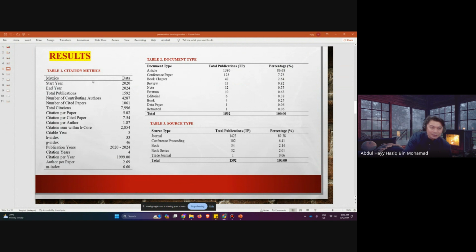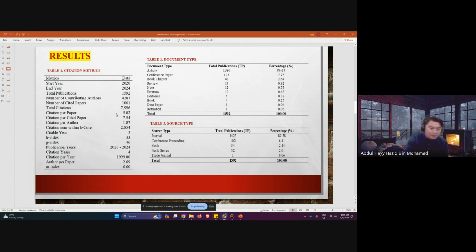In Table 1 we have the citation metrics. The data starts in 2020 and ends in 2024. Total publications is 1,592, as I mentioned before, and the contribution of authors is 4,287.